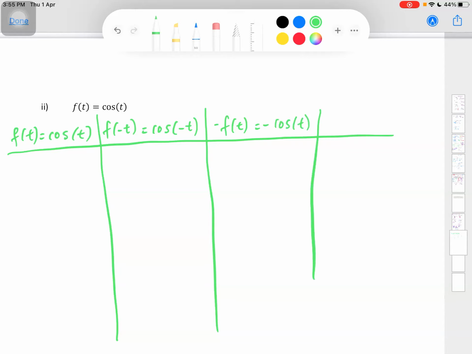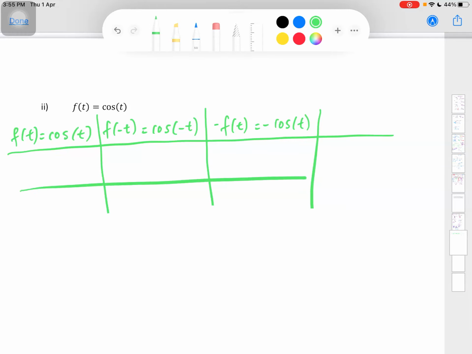Again we try at different values, and let's just use the same values, t equals 2 and 4. So we take our calculator and we do cos 2. It will be 1. And cos of minus 2 is 1 as well. And minus cos 2 will be minus 1.